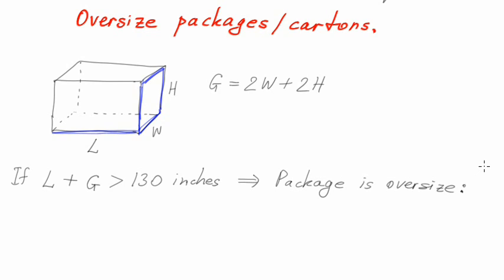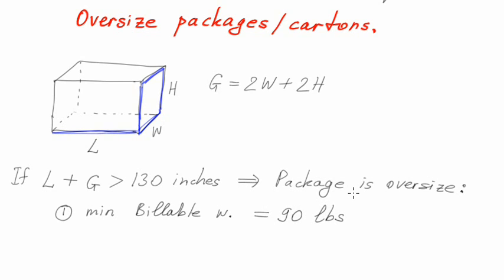What are the consequences for the shipping charge of the package being oversized? The first consequence is that the minimum billable weight for this kind of package is going to be 90 pounds.